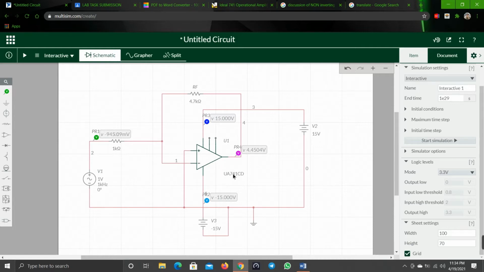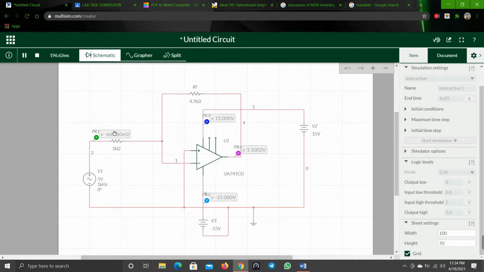I will test my circuit first, to see whether it has an error or not. You need to click the button run. I forgot to tell you something.